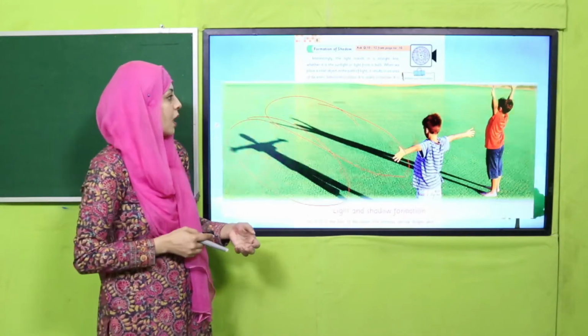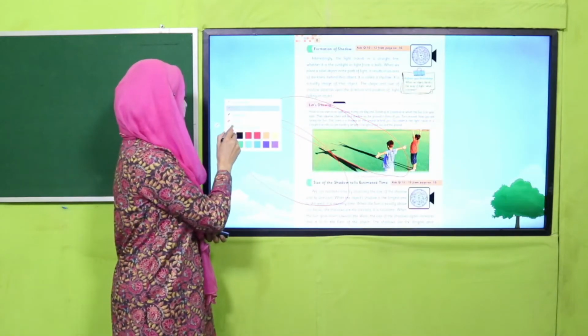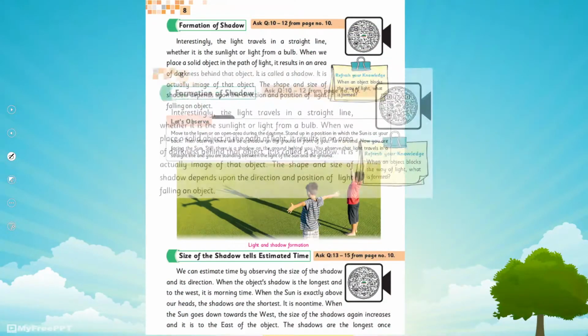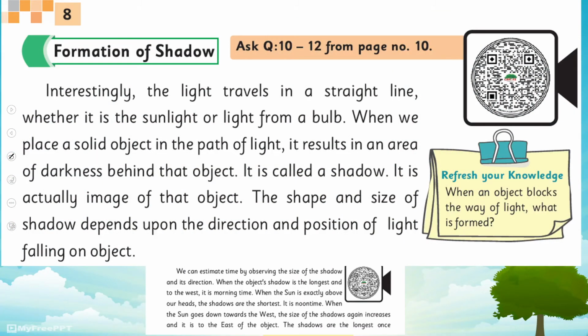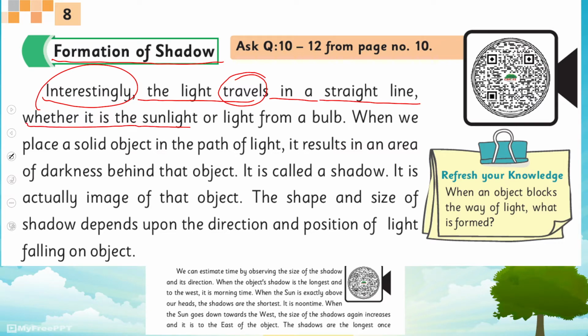Okay, my dear students, now we will start the reading. So quickly put your fingers where I will read. Formation of shadow. Interestingly, the light travels in a straight line, whether it is the sunlight or light from bulb.